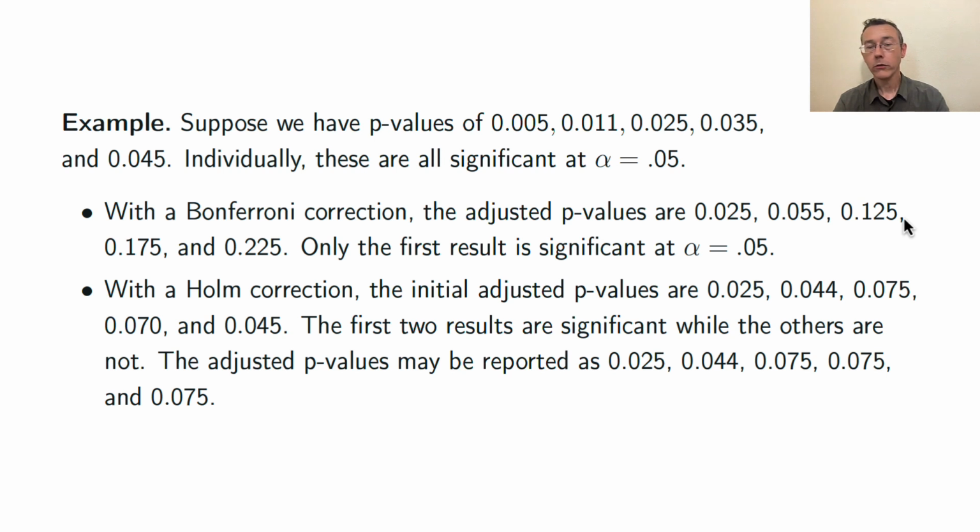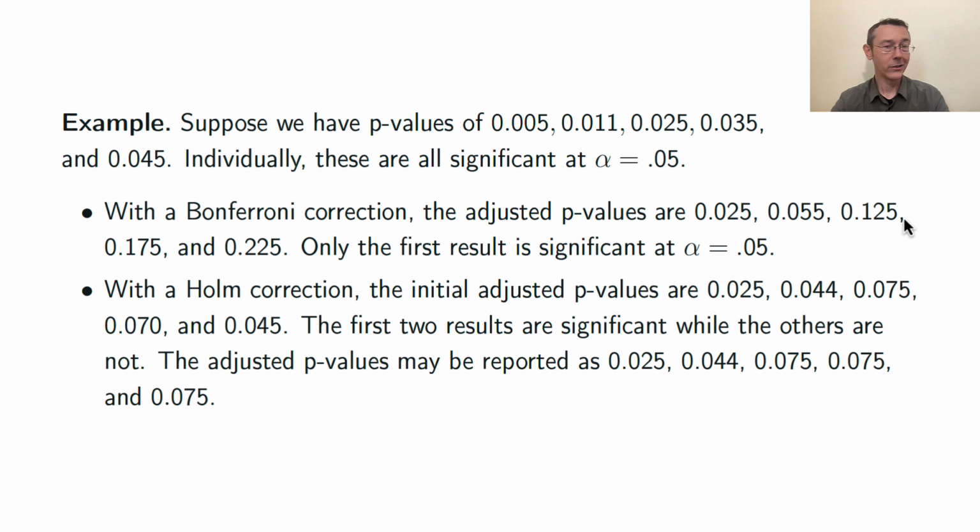To report those adjusted p-values, you should make the sequence non-decreasing. So if you look at that fourth value, 0.070, it's gotten smaller than the one that comes before it. And using the Holm correction method, that shouldn't happen. We bump that up to 0.075, and then similarly for 0.045, we bump that up to 0.075 as well.